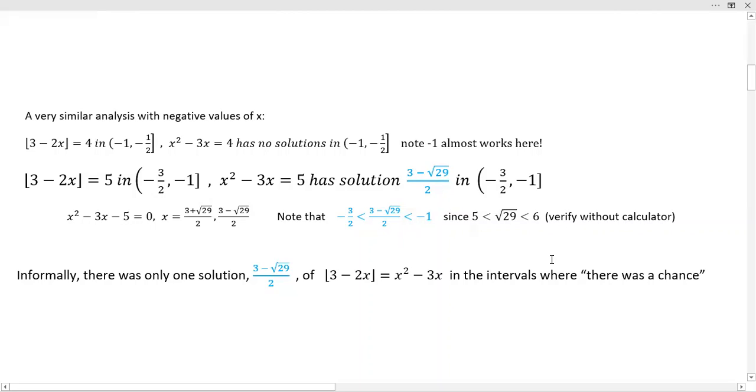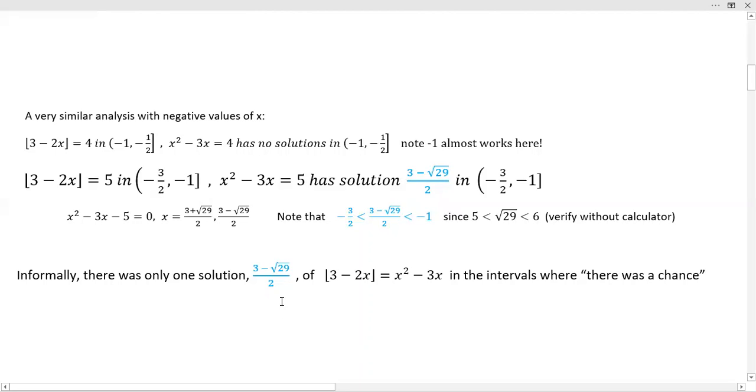I could get a little bit more formal and say there's no way we're going to have any more solutions, but I'm not going to do that. I've already spent enough of your time. Basically, there was only one solution to this equation in the intervals where there was a chance. That was based on knowing approximately what the graph looked like and knowing that the x squared function is going to outgrow the linear function to where there's no way the floor function is going to catch it.